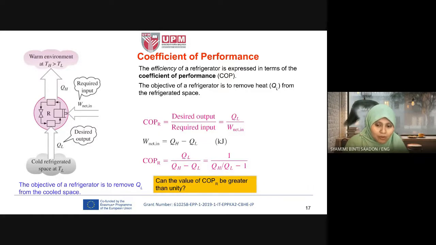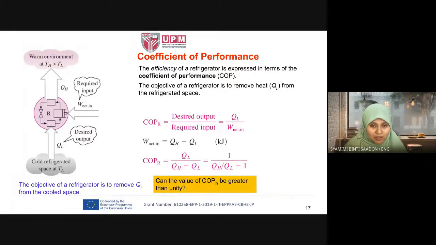Can the value of COP be greater than 1? Yes. That is why we don't use the same term as thermal efficiency, because thermal efficiency cannot be higher than 1, or 100%. It is always lower than 1, like 0 point something. But for coefficient of performance, it can be higher than 1.